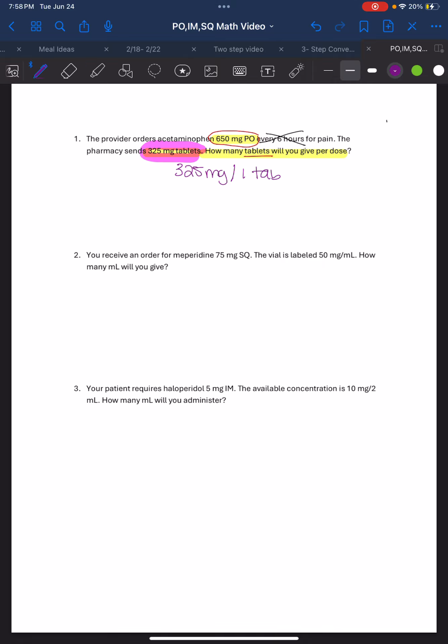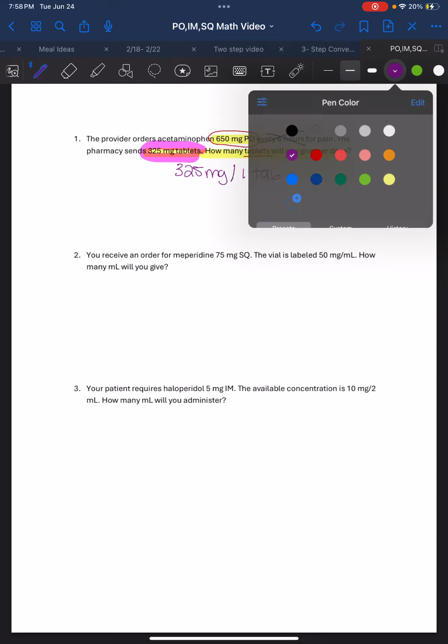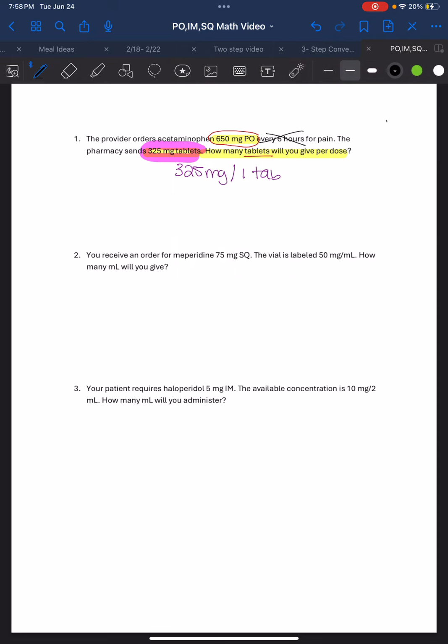Like usual, we're going to put our given over 1, which is circled in red here, 650 milligrams over 1. We know we need to get to tablets.